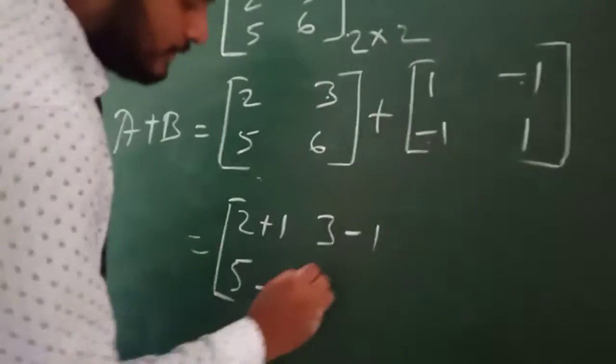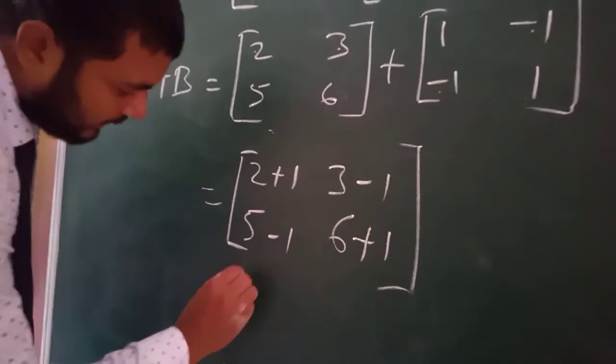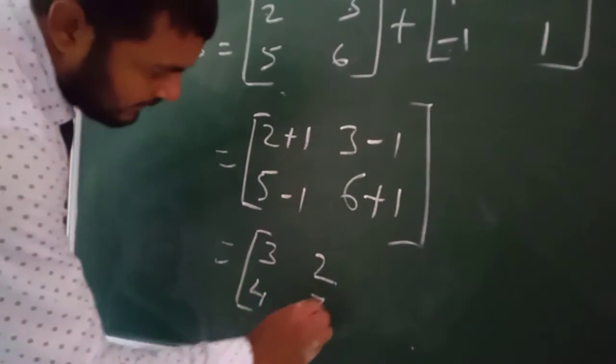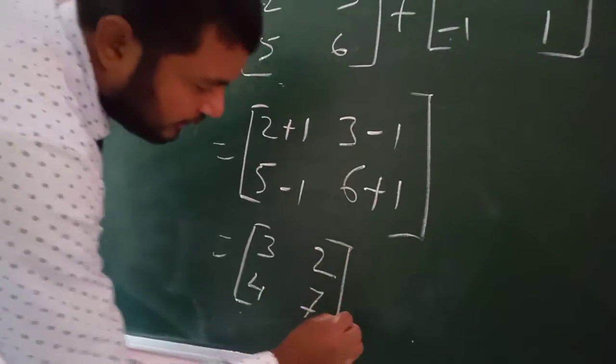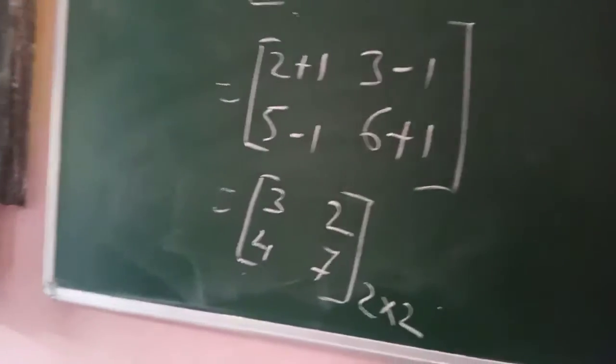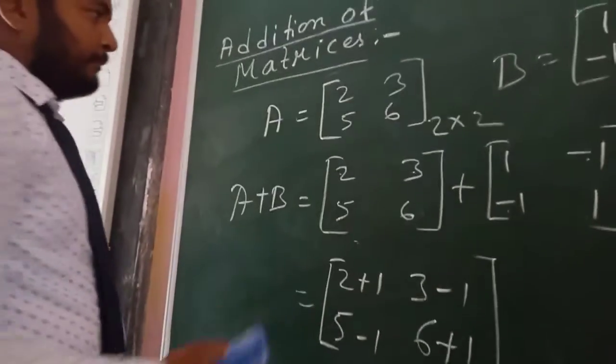And 6 and 1 we will add. So we get here 3, 2, 4 and 7. So this is also a square matrix of order 2. So this is the addition of two matrices.